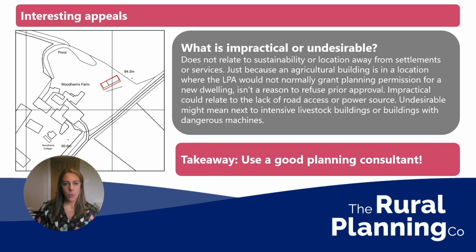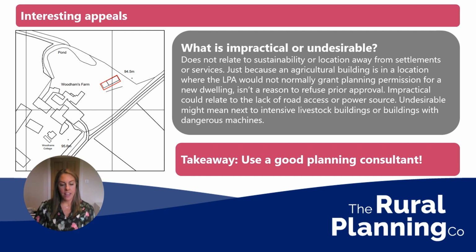So this is one where the council incorrectly determined a Class Q application. As you can see where the red line is, it wasn't far away from other buildings, and what the council said was that it was not sustainable. It was locationally unsustainable.